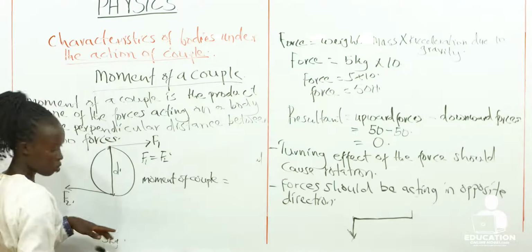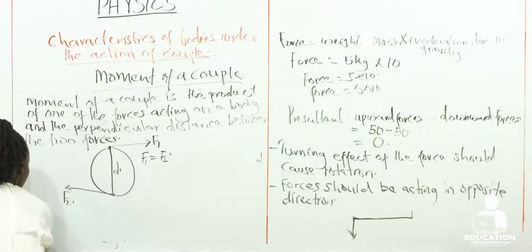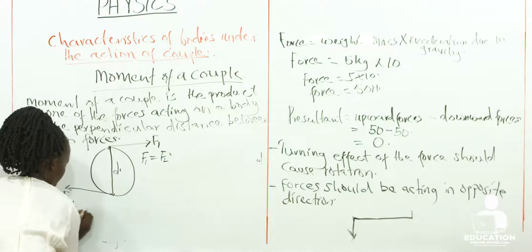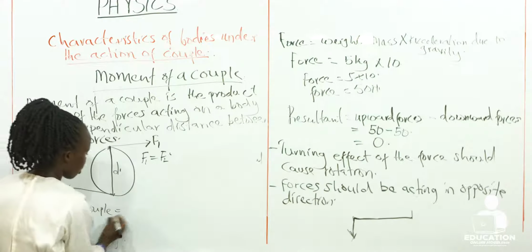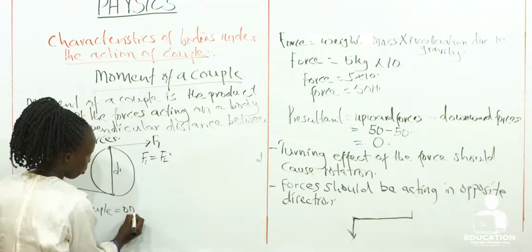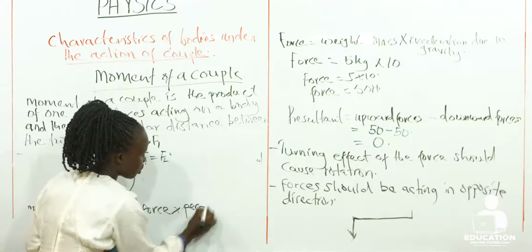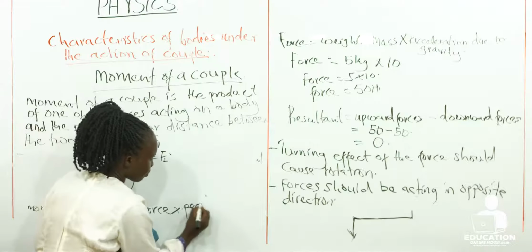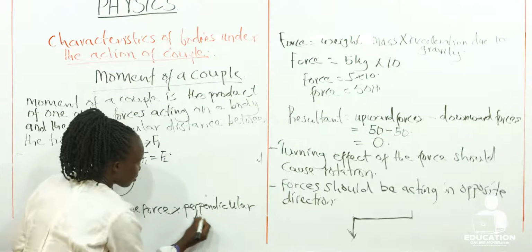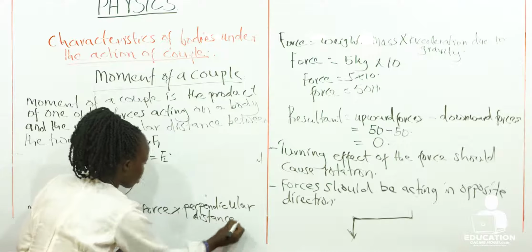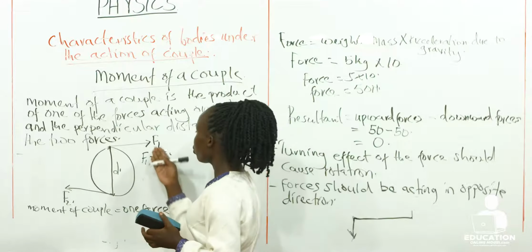So to get the moment of a couple, I think we should write it this way: a moment of couple will be equal to one of these forces, one force times the perpendicular distance between them. So you can either choose F2 or you can choose F1.